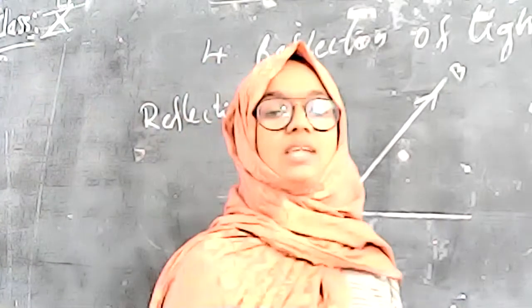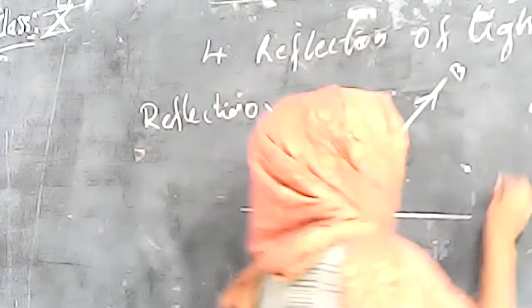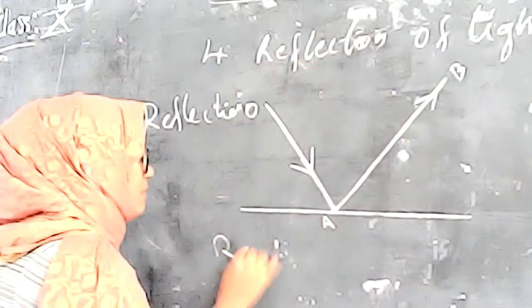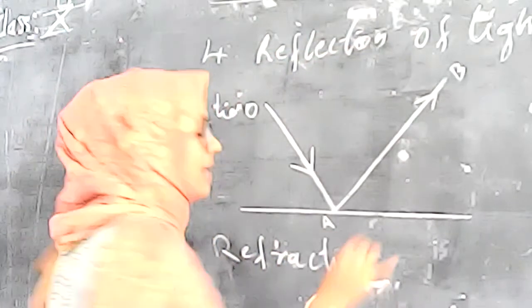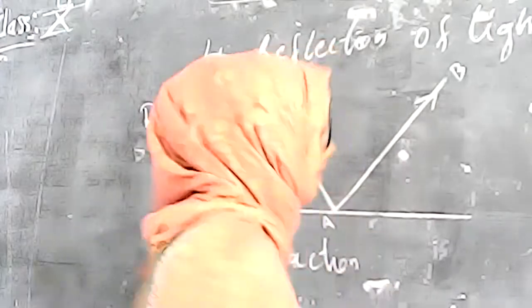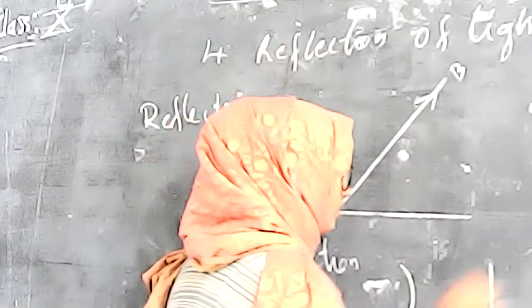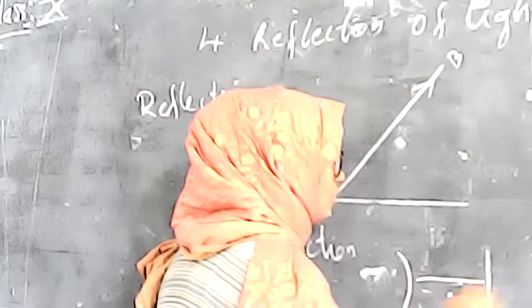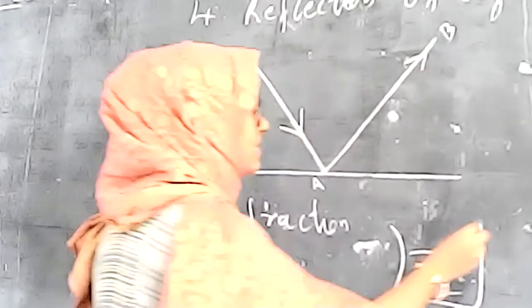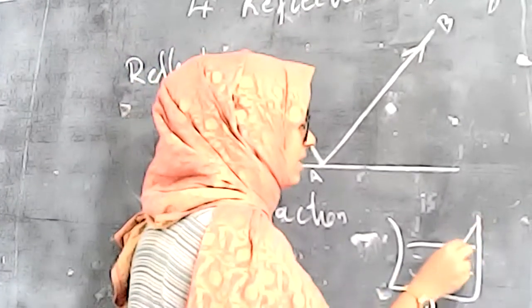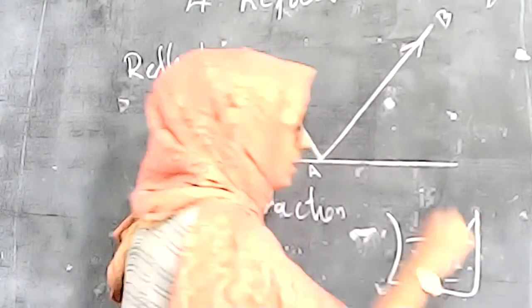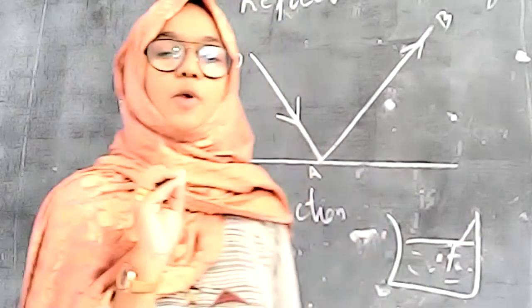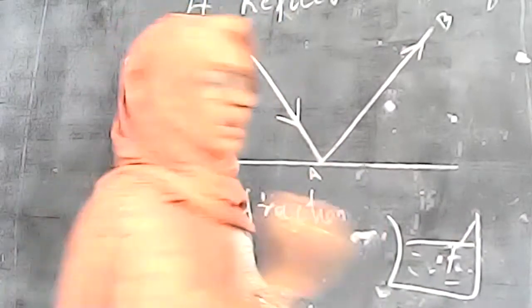For example, when we put a pencil in a beaker that is full of water, and the pencil is dipping in the beaker, we see a small bending of that pencil.